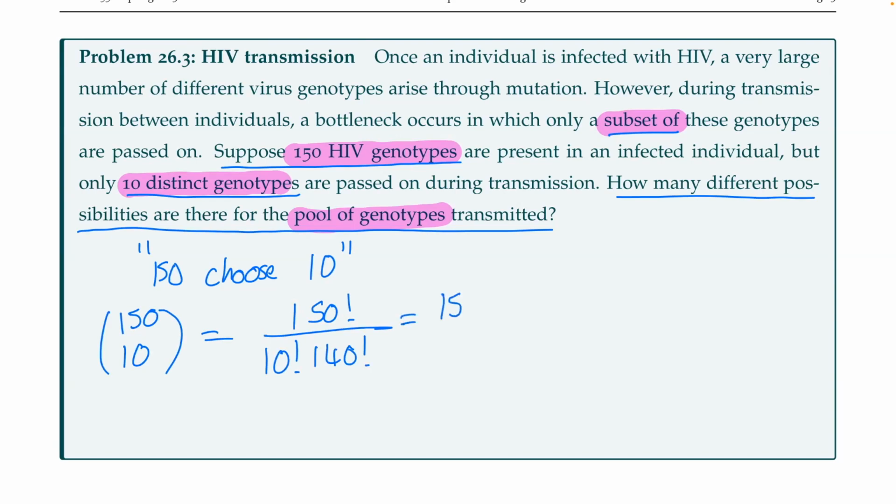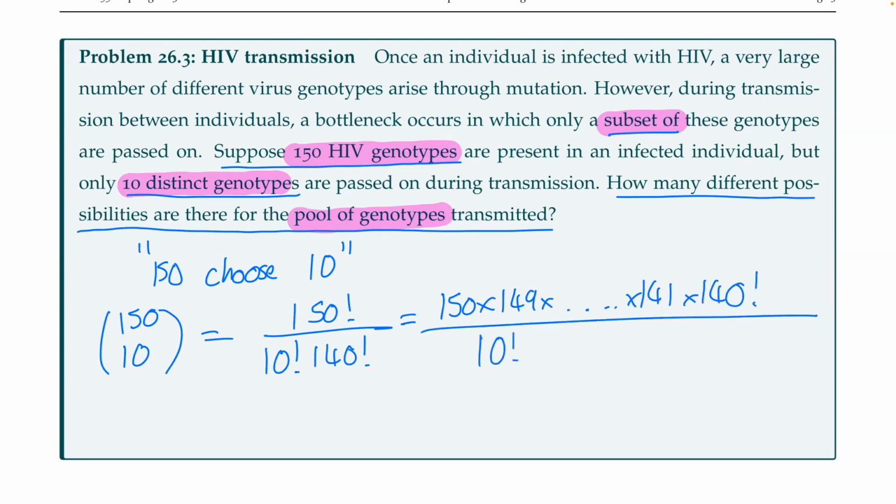We could write this out if we want to: 150 times 149 down to 141 times 140 factorial, over 10 factorial times 140 factorial. You can cancel those. This is still a huge number.